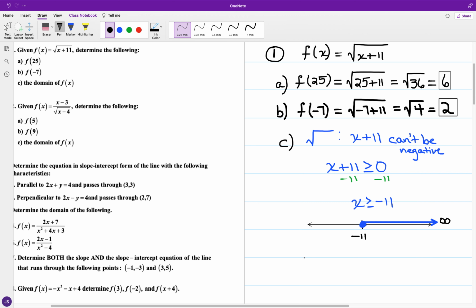For part C, the domain of the function, again what is allowed for x, goes from and including negative 11. So negative 11 is in the bracket, and we go unceasingly out toward infinity.